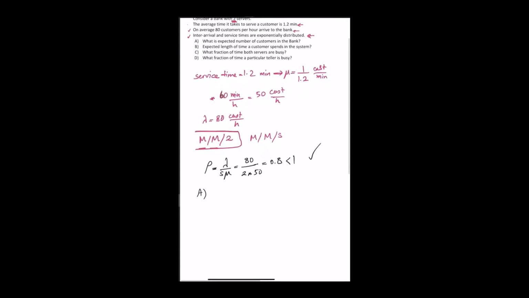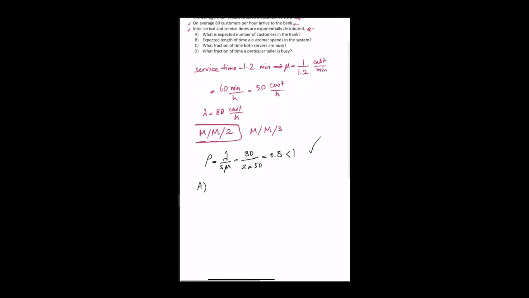For part A, it asks, what is the expected number of customers in the bank? So the average number of customers in the bank, that's L. In this system, we can calculate L as Lq plus Ls: average number of customers in the queue plus average number of customers in the servers forms the average number of customers in the system.